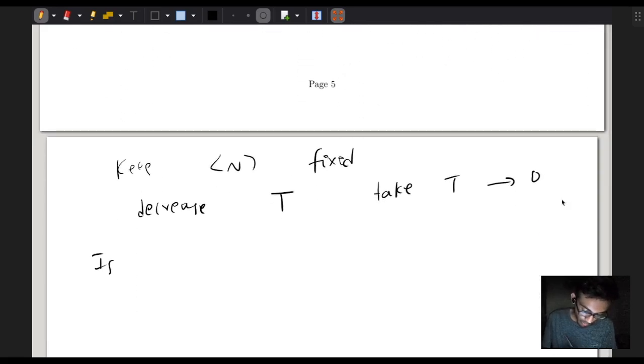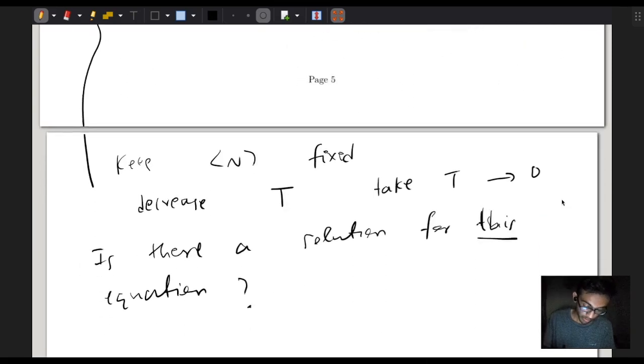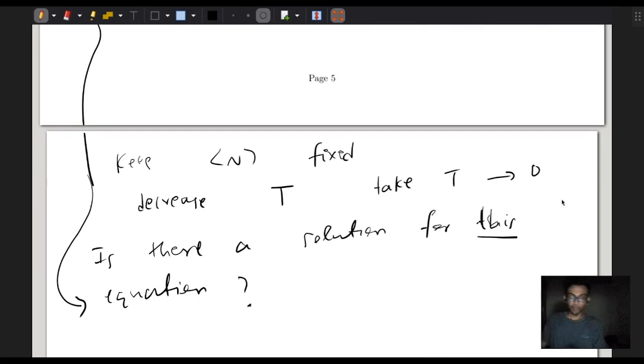Then is there a solution for this equation, the particle number equation, with some z less than 1?